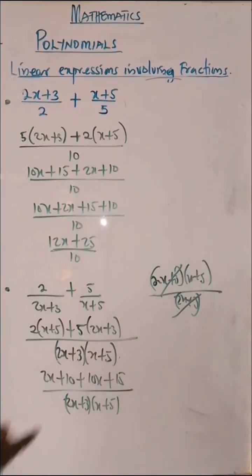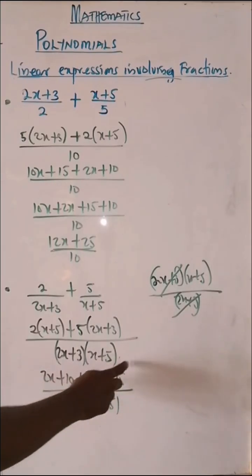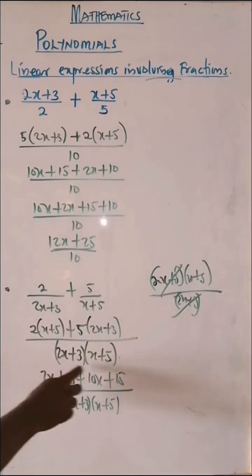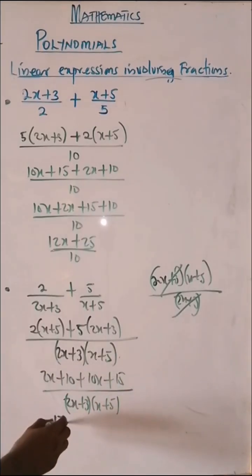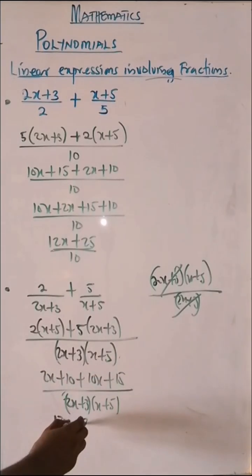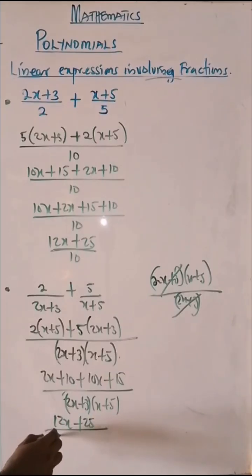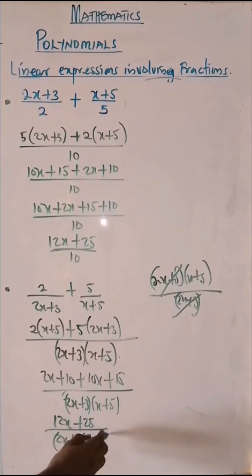But let me jump a step. Instead of rearranging and writing 2x plus 10x, 10 plus 15, we can just do it directly. 2x plus 10x is 12x. 10 plus 15 is 25. Then over everything we have there, 2x plus 3, x plus 5. That is everything here. It is not difficult. It's just mindset. Like I said, number one, never be scared.